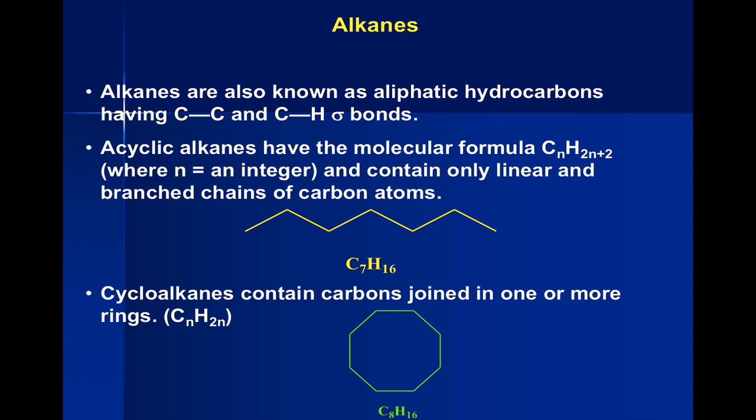So for example, cyclooctane, 8 carbons. What can you tell me about the formula there? Is that saturated or unsaturated? It is unsaturated. By how many units of unsaturation? 2 hydrogens, but 2 hydrogens is considered a single unit of unsaturation. So it is unsaturated by 1 unit of unsaturation, okay?